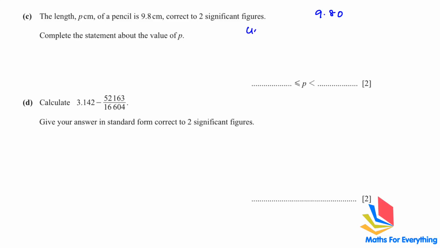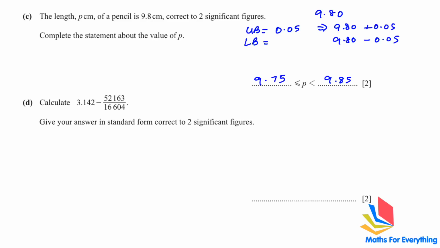For upper bound, we add 0.05, and for lower bound, we'll subtract. So 9.80 plus 0.05 will give you 9.85, and when you subtract 9.80 minus 0.05, you will get 9.75.